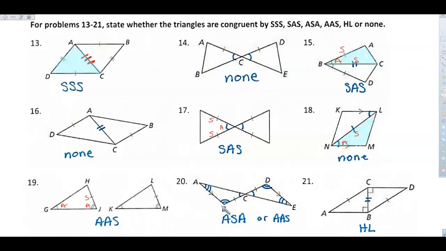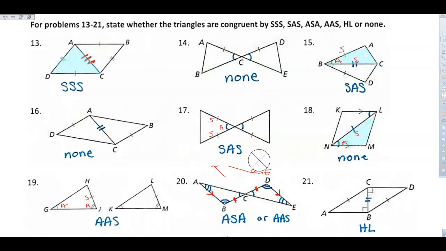Number 20. With number 20, we could mark one of two things, or we could say this one of two ways. I know that this side here is congruent to this side. That's given to us. And I know that this side is parallel to this side. Well, when I look here, I've got a pair of alternate interior angles here and here, that's angles A and E. So I can mark those congruent.